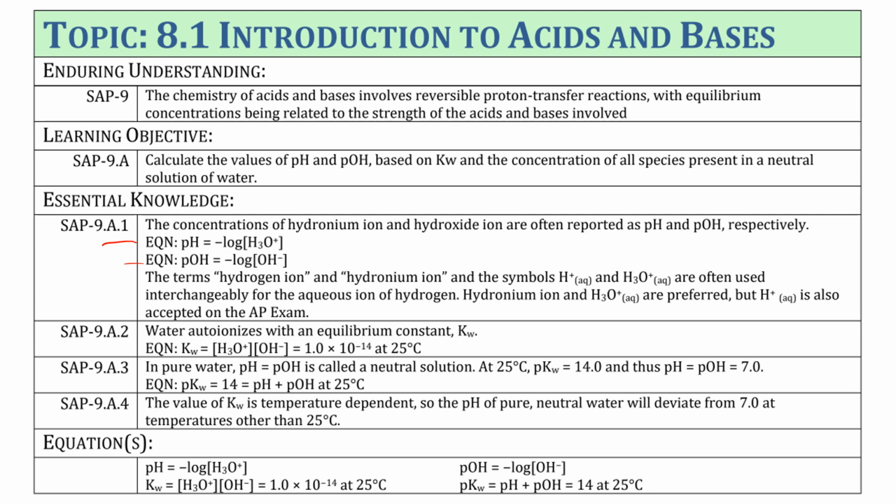So this K sub W, that is an equilibrium constant regarding water. If it's pure water, you may have something called a neutral solution. It's going to be at 25 degrees Celsius. That's what we're looking at.